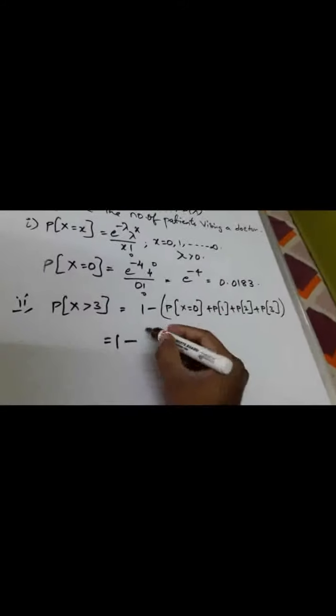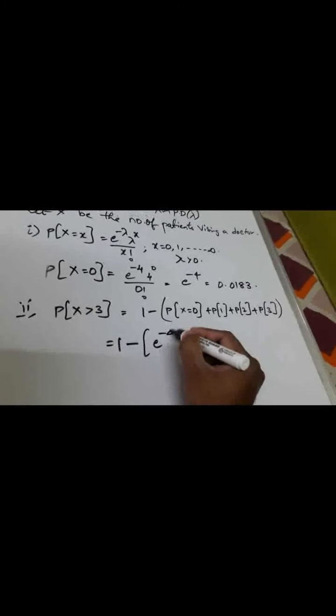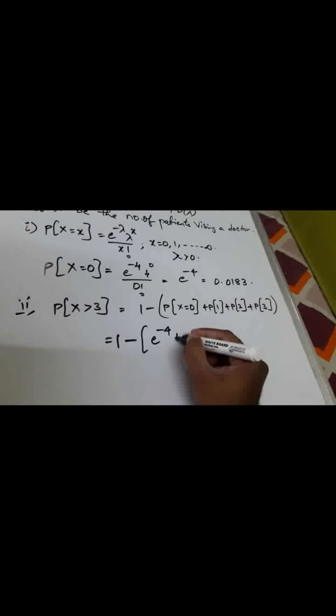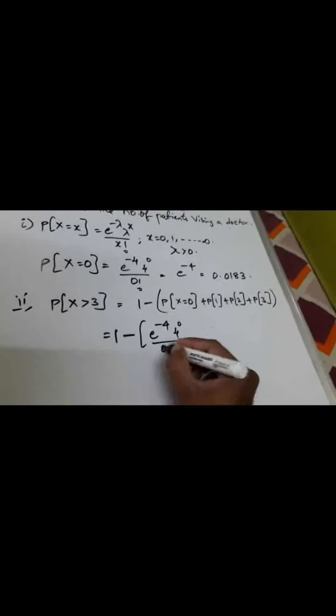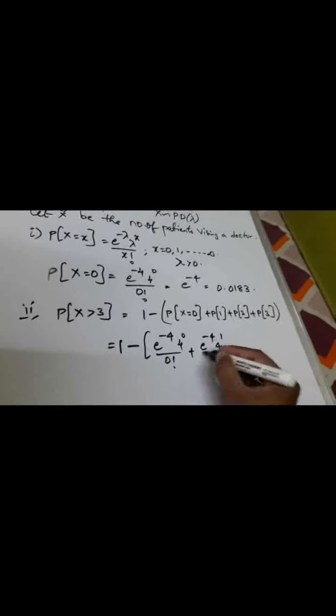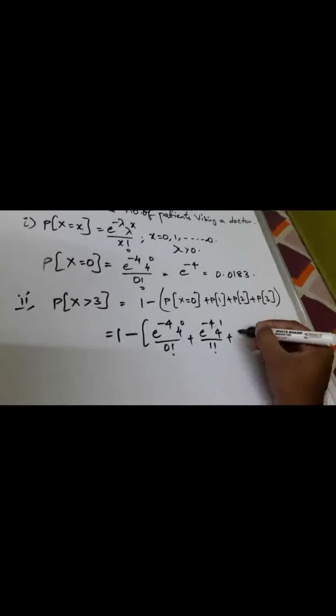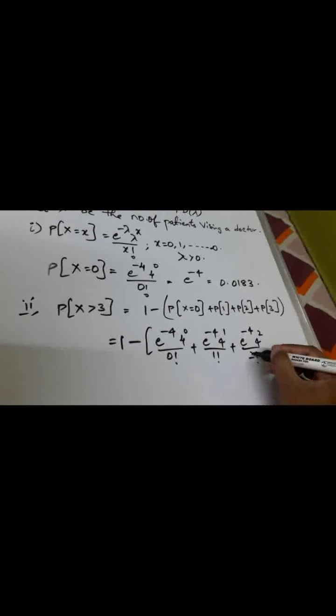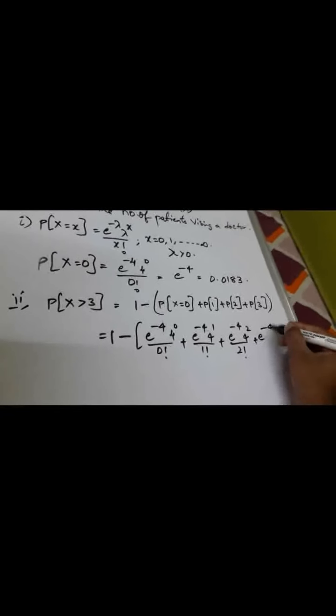1 minus of, write the PMF now, e power minus 4, 4 power 0 by 0 factorial plus e power minus 4, 4 power 1 by 1 factorial, e power minus 4, 4 power 2 by 2 factorial, e power minus 4, 4 cube by 3 factorial.